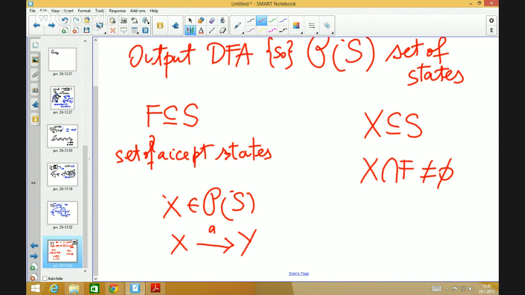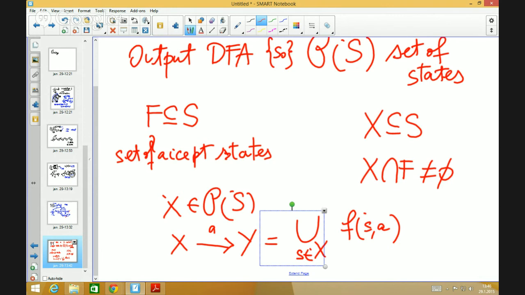What is this state Y? Well, this is the state that consists of all of the states that you could have reached in the NFA from some of the guys in capital X. So this thing is the union, for all of the states S in X, of f of S of A.